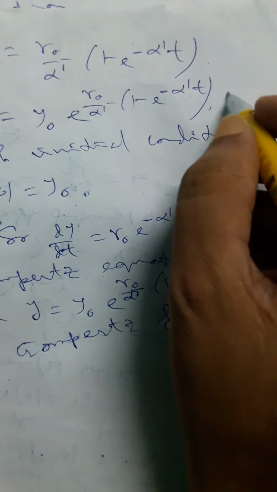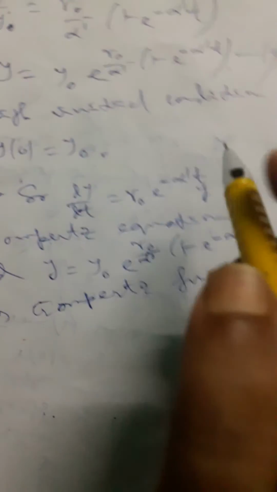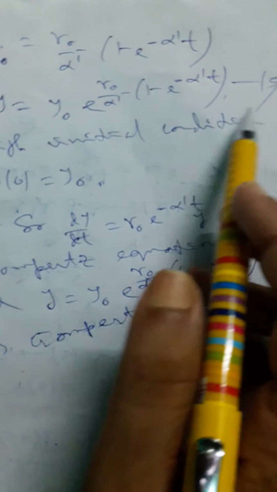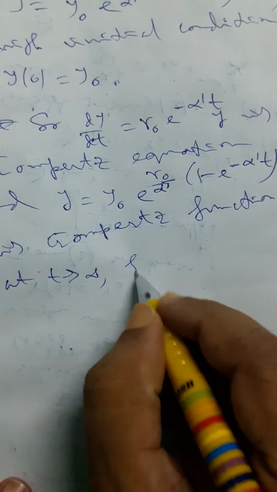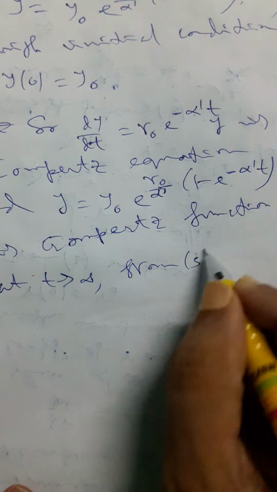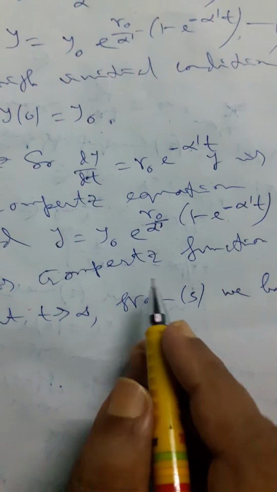Taking it as equation number 5, now from 5, as t tends to infinity, y tends to y star.